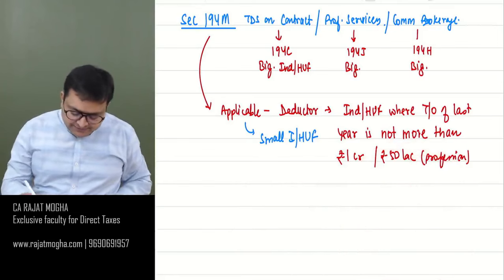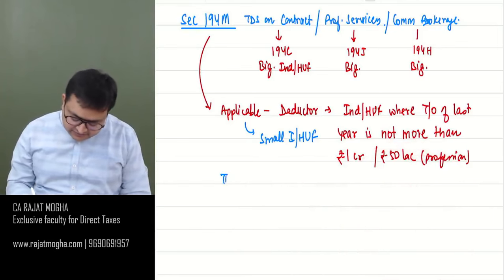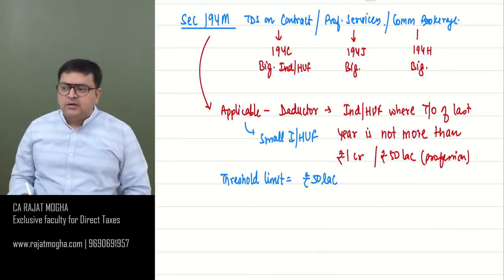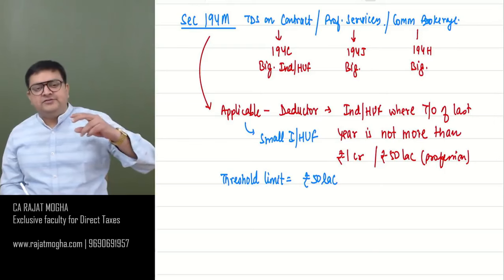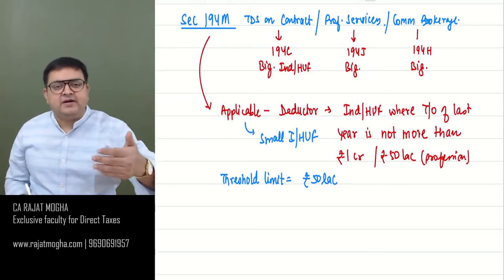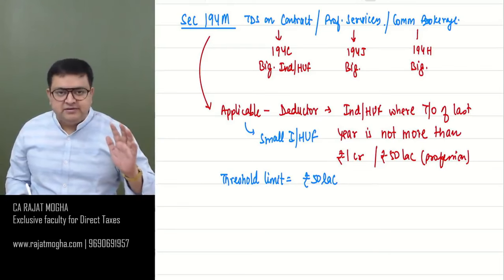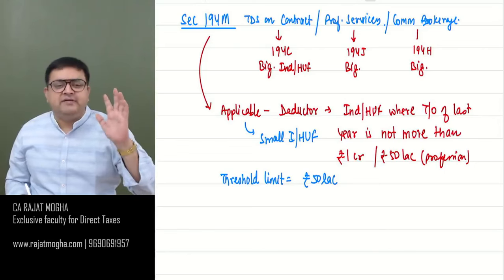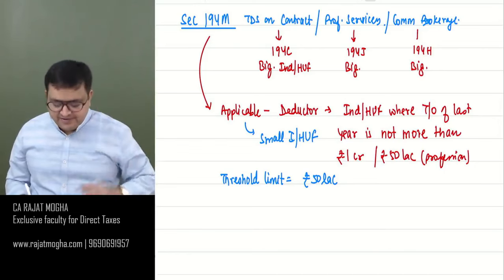So here, the threshold limit is 50 lakh. So as soon as you are paying any amount which is more than 50 lakh, TDS will be activated. So if you are paying 51 lakh, then TDS will be activated on entire 51 lakh.